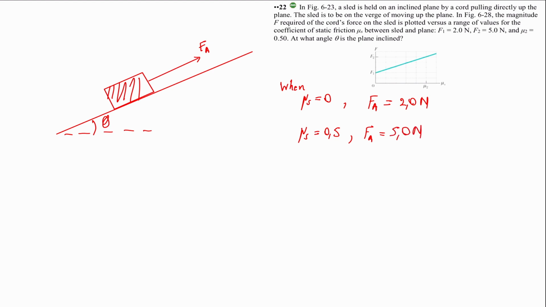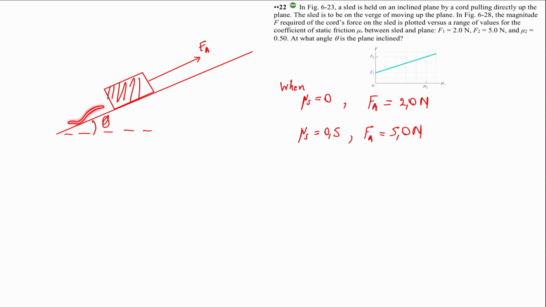So this is all the information we've just harvested, and now let's see. What are we not changing according to this question? What we are not changing is the sled. It's the same sled. Also, we're not changing the angle of inclination.